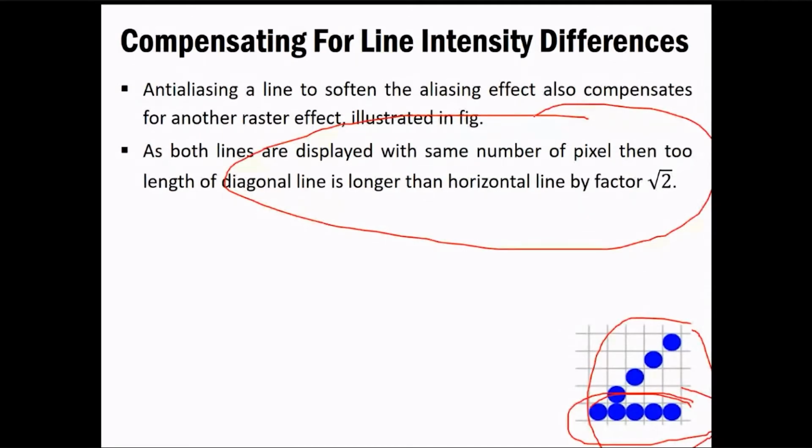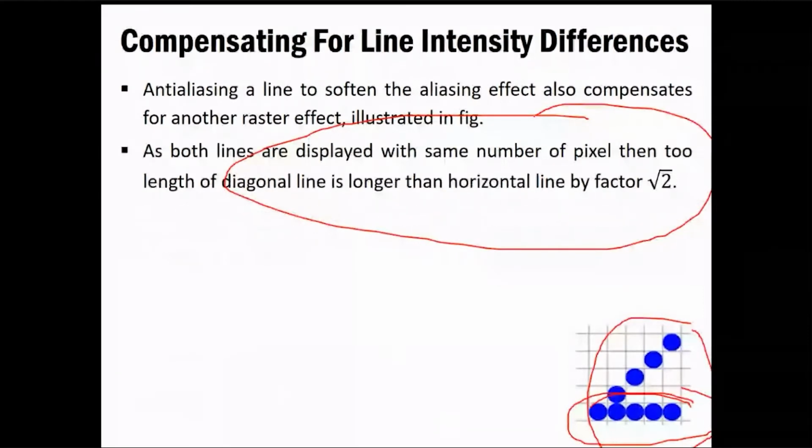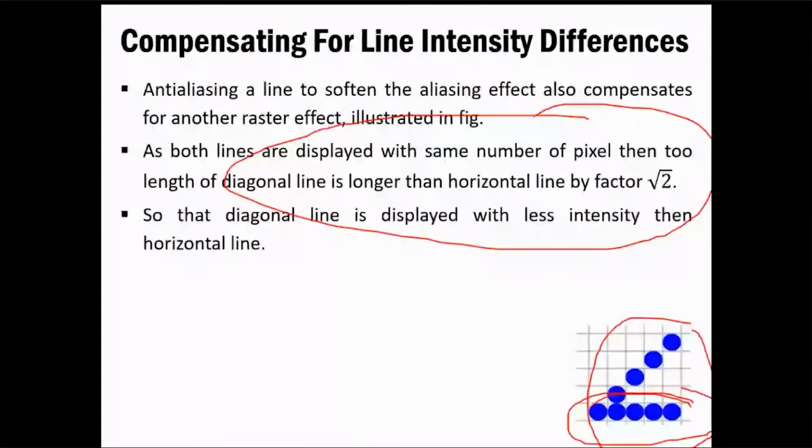Instead of giving the same intensity to everything, you try to give some intensity based on the slope. Okay, so now what it says is, the diagonal line is displayed with less intensity than the horizontal line.